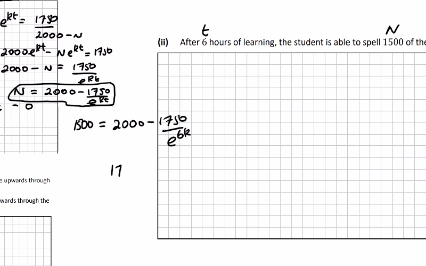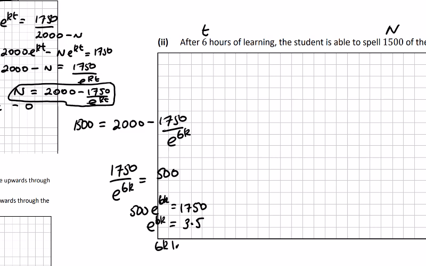So we bring that to the left, 1750 over e to the power 6k equals 2000 minus 1500. So 500 e to the power 6k equals 1750. Dividing by 500, that divides evenly, 3.5. E to the power 6k is equal to 3.5.